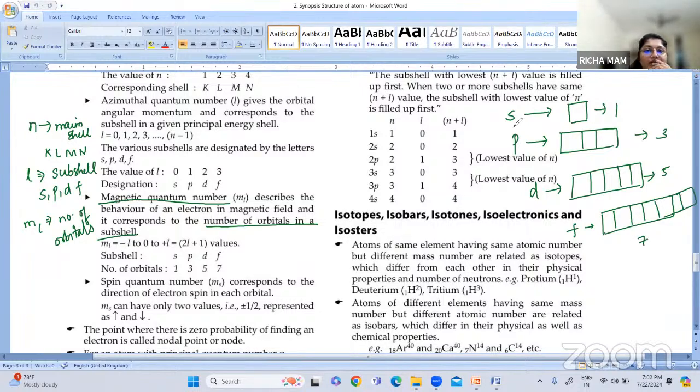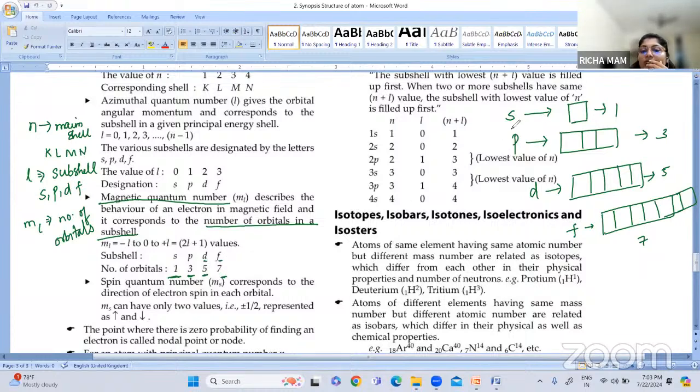Remember this, very important. I hope you are noting down these things. So the magnetic quantum number represents the number of orbitals in a subshell.